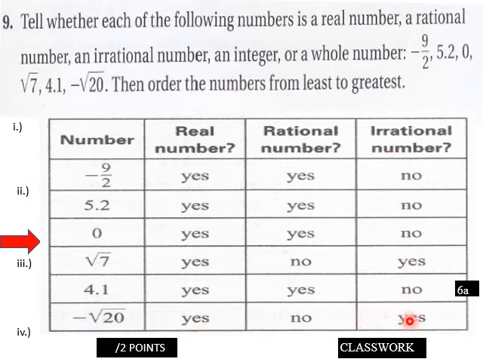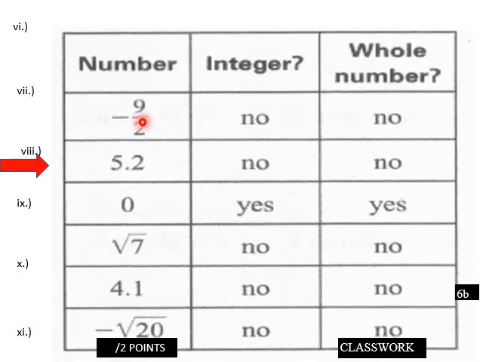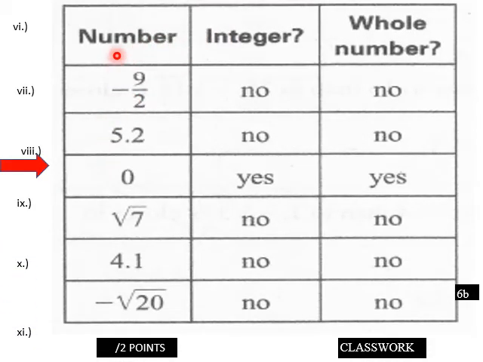We're calling that an irrational number. Then integer and whole number. For integer, this one's a yes: 0 is an integer. And a whole number? Are we calling 0 a whole number? Yes, we are. And then whole numbers up here, no, no, no, no, and no.